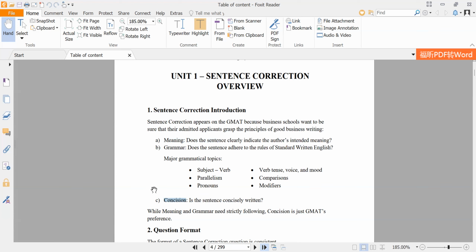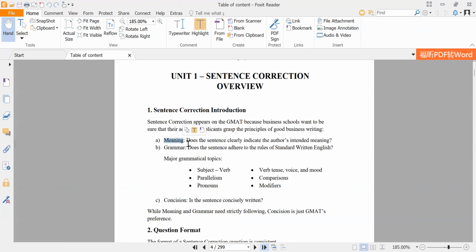So the correct answer choice would be concise, but then again, not all the time are the most concise answer choices the correct ones. Sometimes the correct answer choice is just one that is grammatically correct and doesn't have ambiguous meaning. That's enough for a correct answer choice.